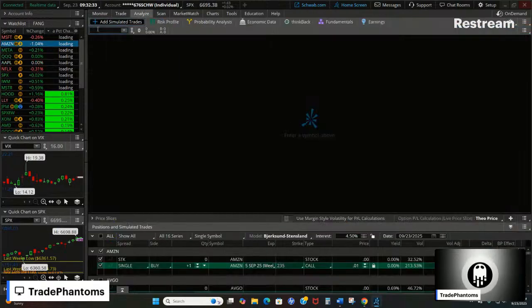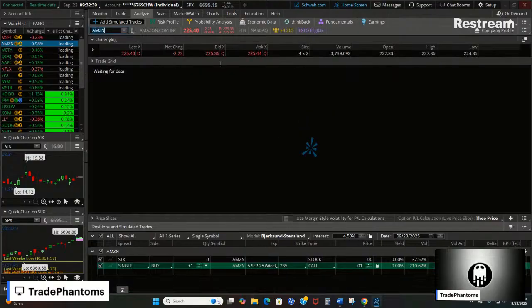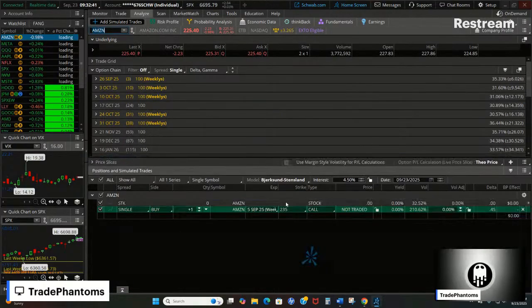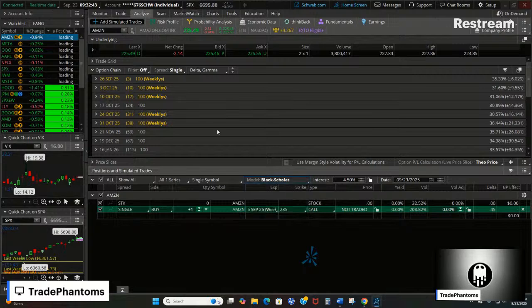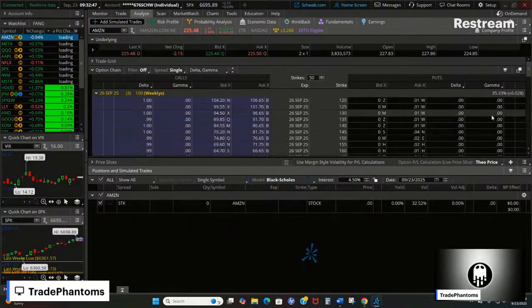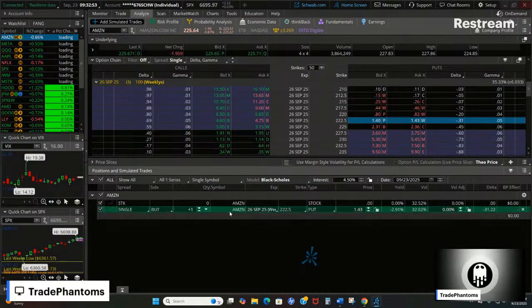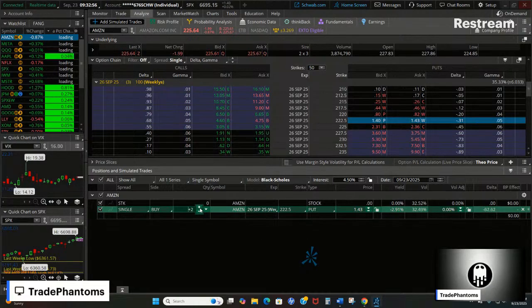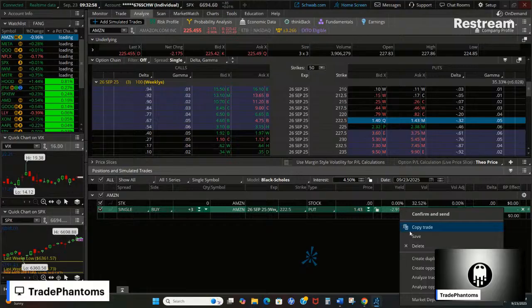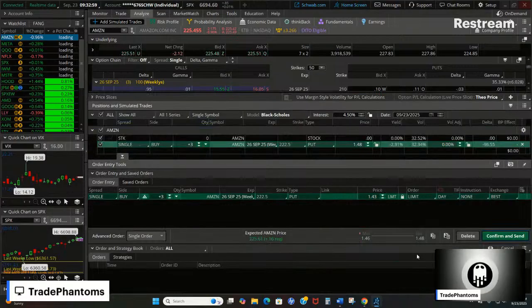Long put Amazon. Google trying to break out there. Google long call. I'm going to snag some Amazon put here. Pick up the 222.50, or 30 delta, here for about $1.44.